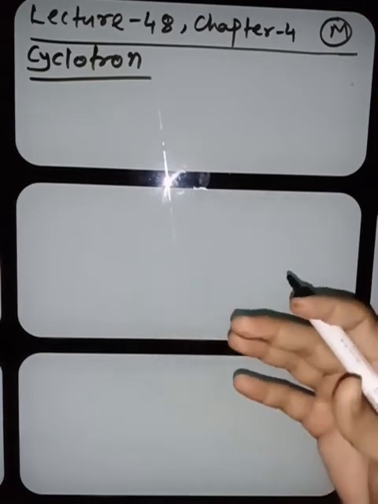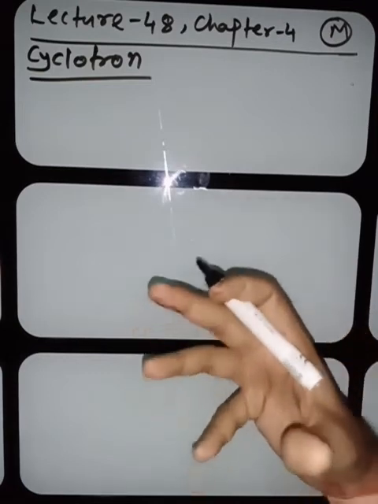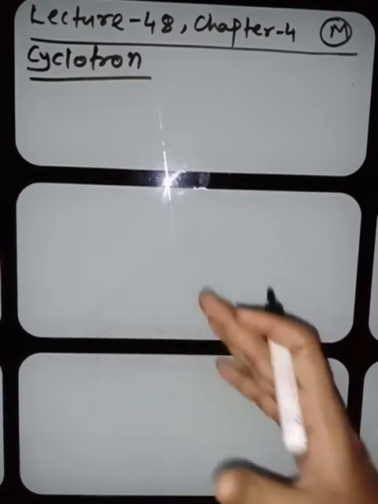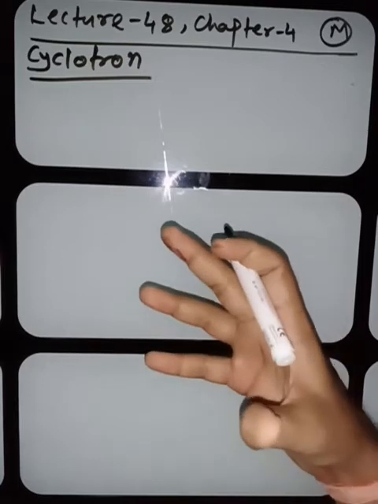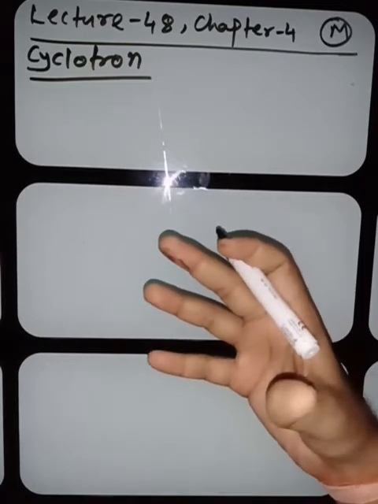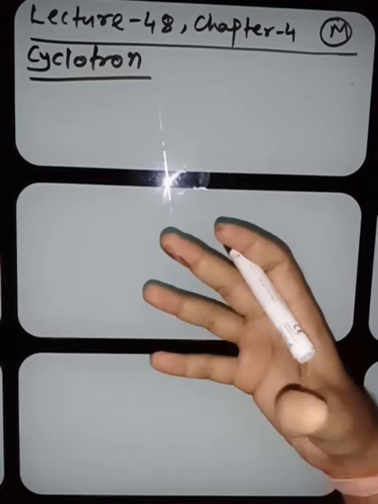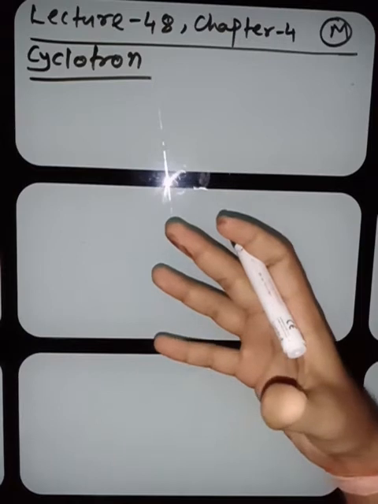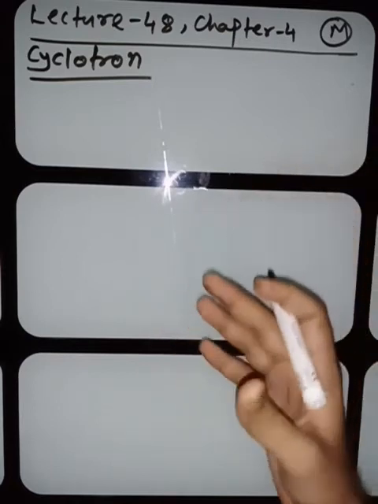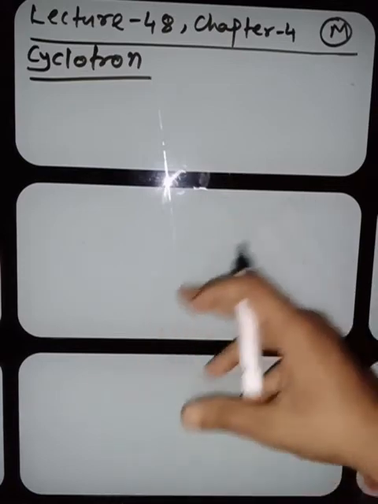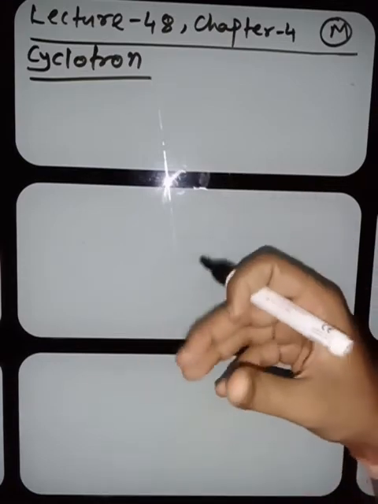Remember, we need some mass, as the cyclotron will provide the momentum. So it is used to accelerate heavy charged particles like protons and alpha particles up to high energy. After moving on a circular track, the energy goes up.